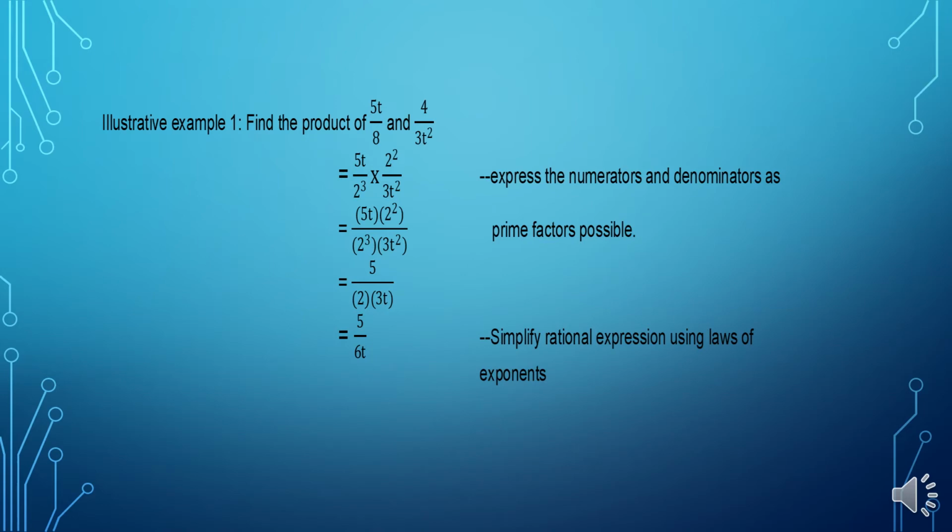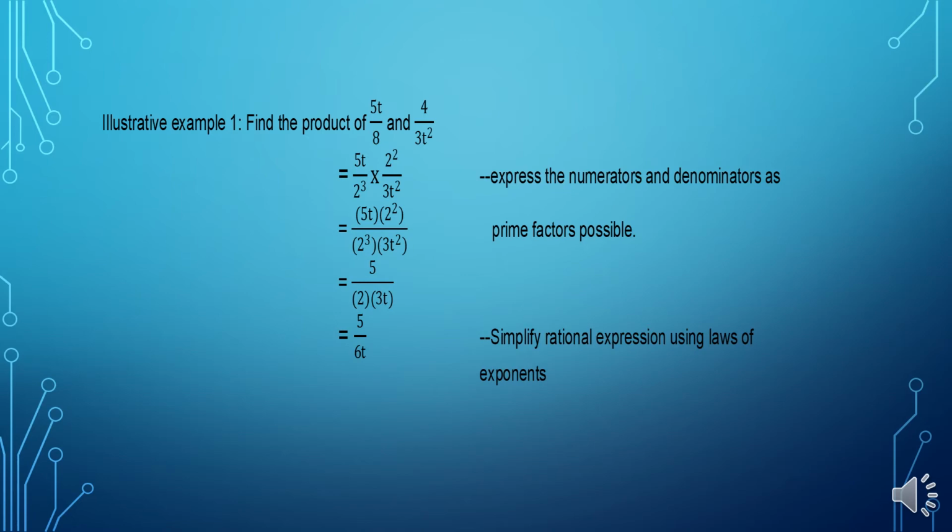Why? In multiplying and dividing fractions, we have to express the numerators and denominators as prime factors as much as possible, so that we can simplify and solve more easily.